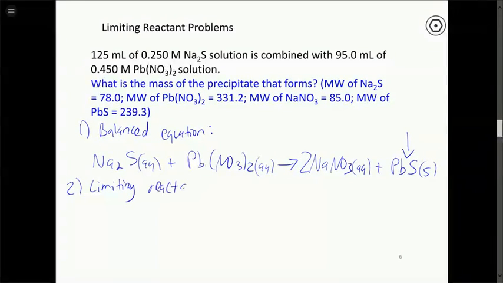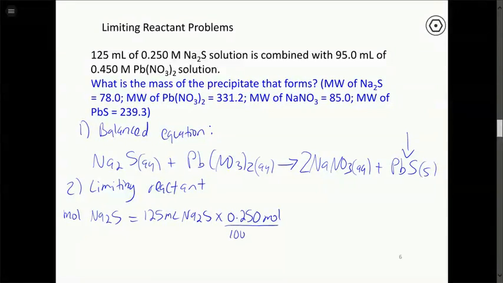And there's no difference here. Remember that for determining the limiting reactant, we find the moles of each reactant, and then we divide it by the coefficient in the balanced equation. So the moles of sodium sulfide, we have 125 milliliters of that solution. That's just from the given information. The molarity is 0.25 molar, so it's 0.250 moles per 1,000 milliliters.